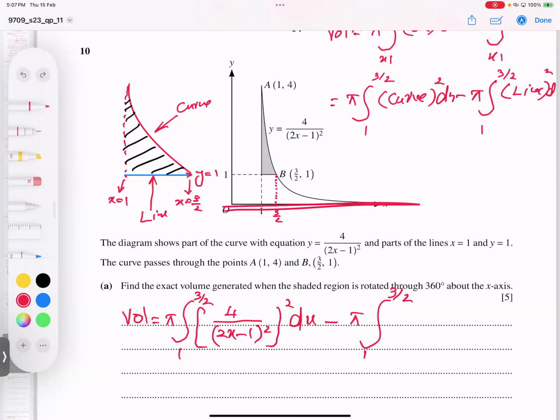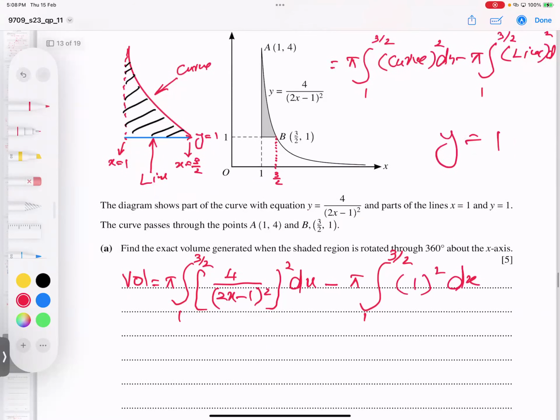The x-axis is y equals 0, as all of you know, but if the line goes slightly up, it is called y equals 1. As I wrote this y value here, I write the same y value here, so I put the square of 1. Okay, now planning is done.